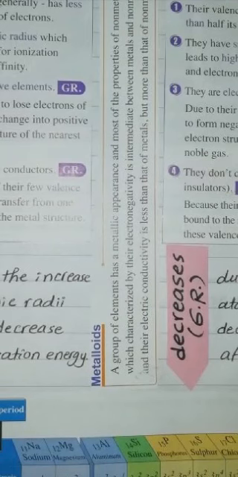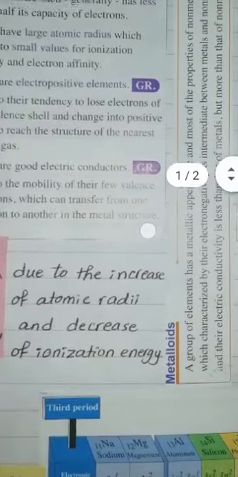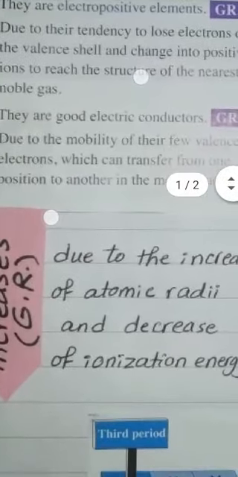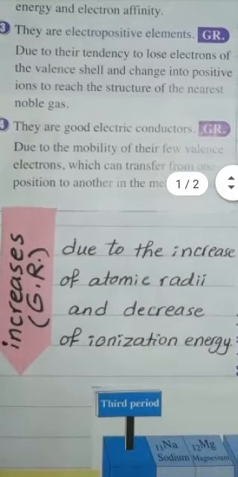Fourth point of comparison, metals are good conductors of electricity because they have large atomic radii, so it's easy for few valence electrons to move from one position to another.